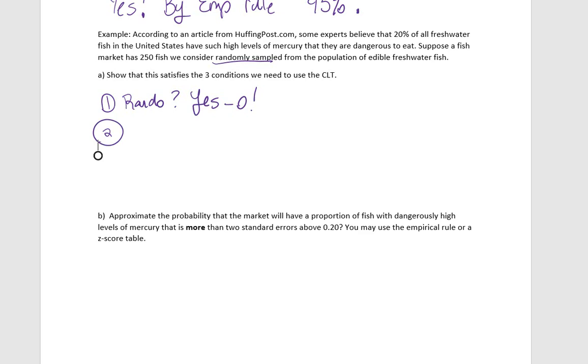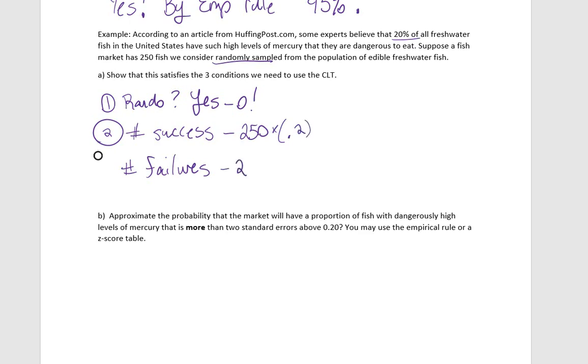Second, are we going to have enough successes and failures? For successes, we have 250 fish times, we expect 20% of them to have high levels of mercury, 0.20.